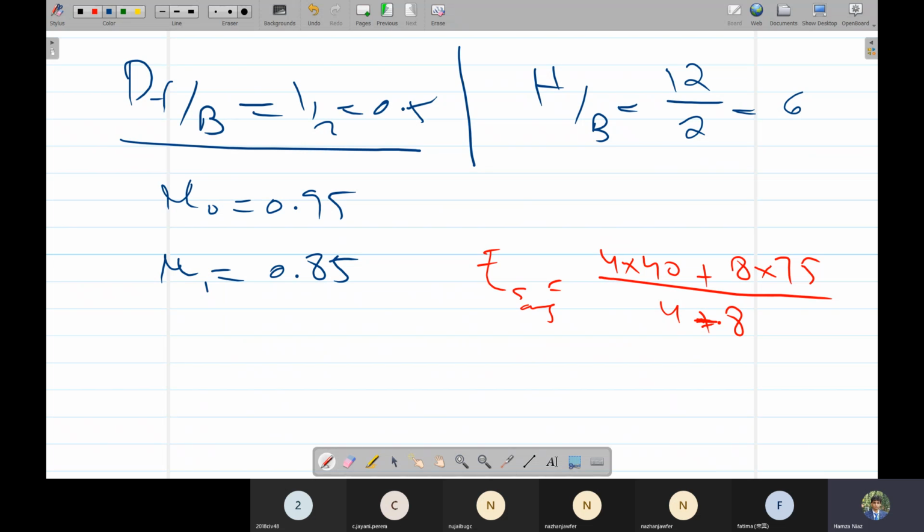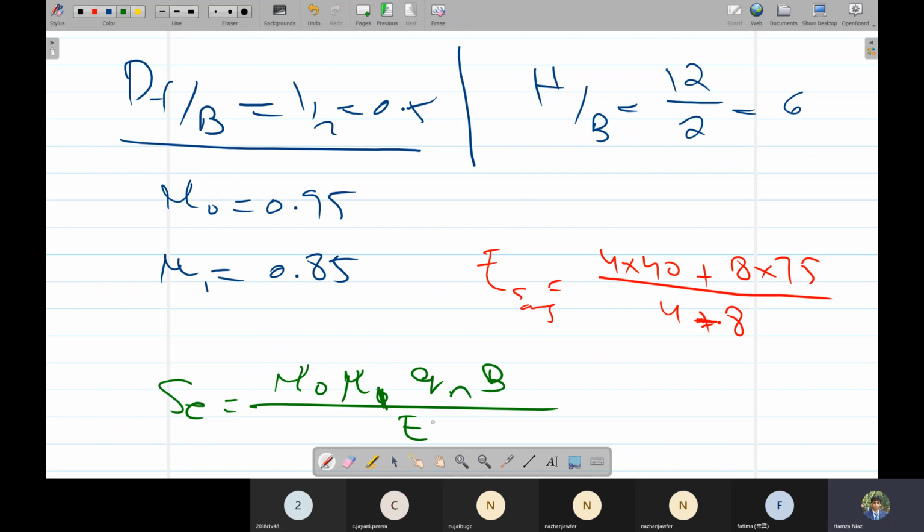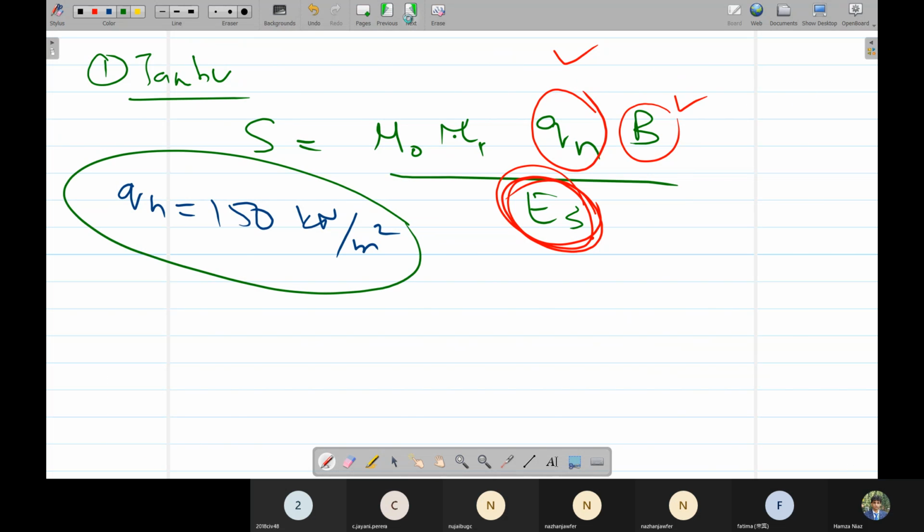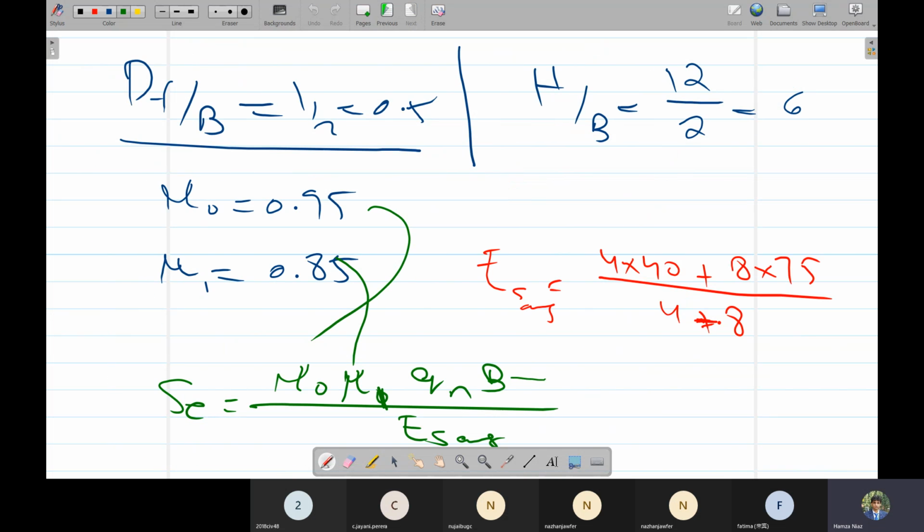Now for settlement, it is mu naught mu 1 times q and B over ES average. Mu naught and mu 1 we know, q is given as the contact pressure 150, B is 2 meters, and the ES value is here.